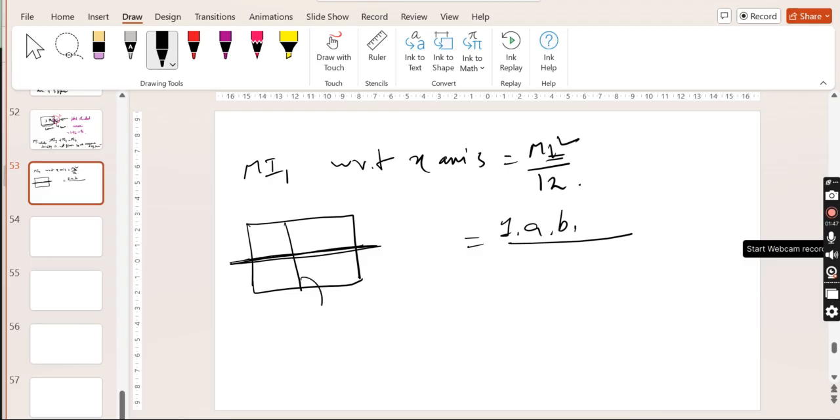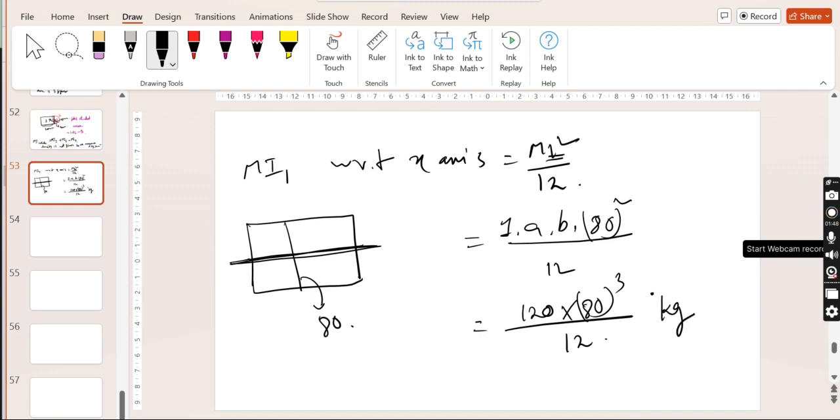So it will be 120 into 80 cubed by 12, in kg millimeter square.